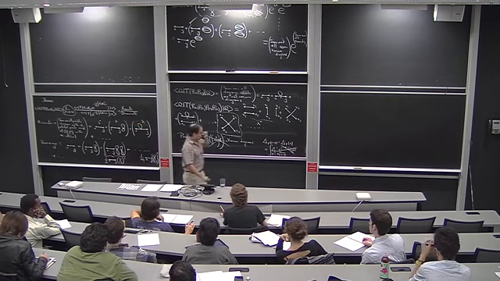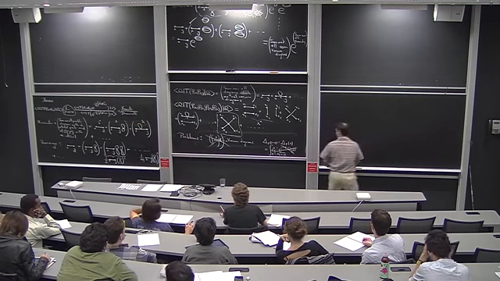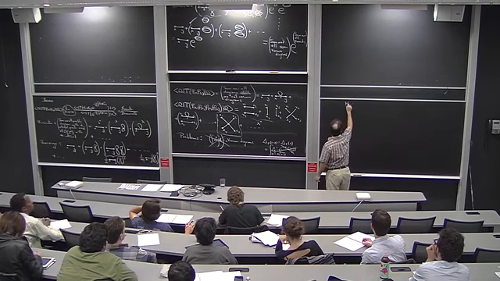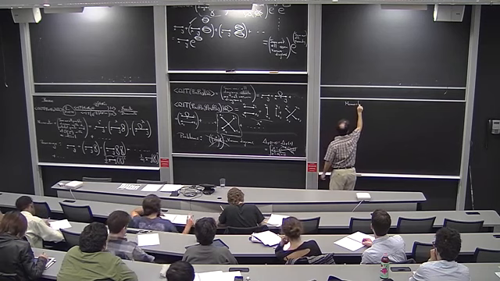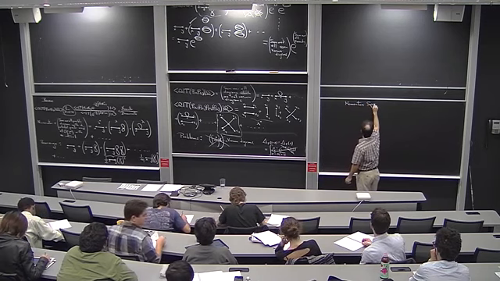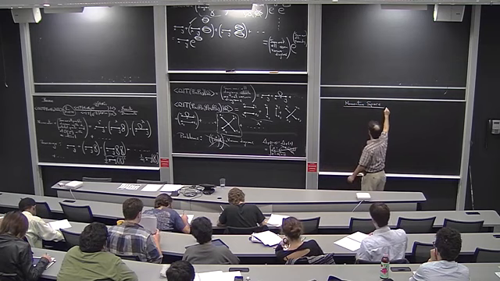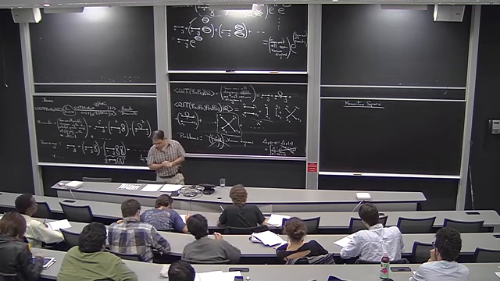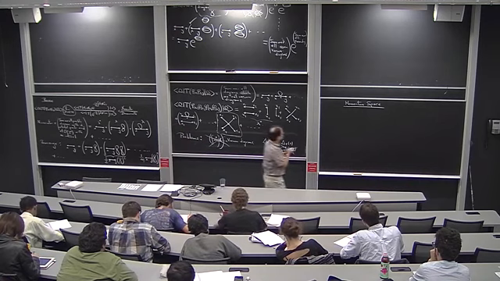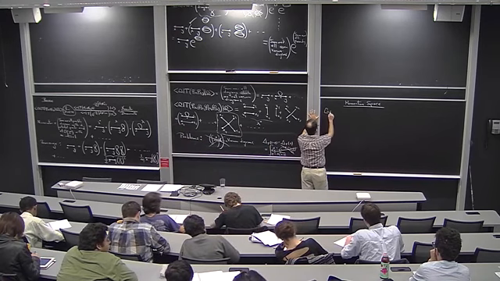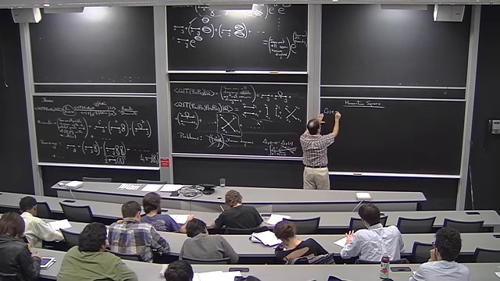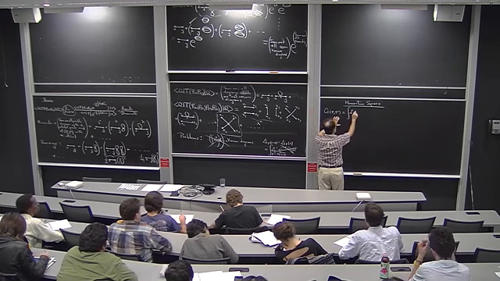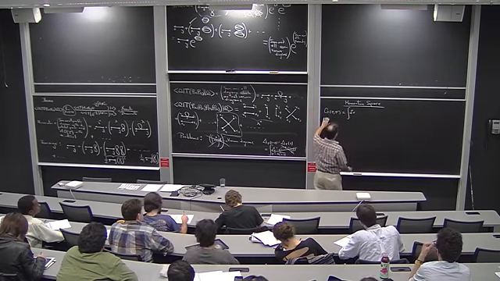So in order to start learning how to deal with these problems, let's go to momentum space. What do we want to do? We want to define a function that is nothing but the Fourier transform of our two-point function.